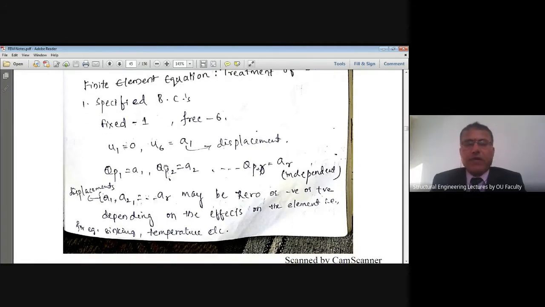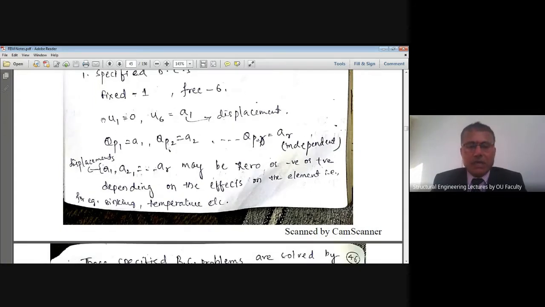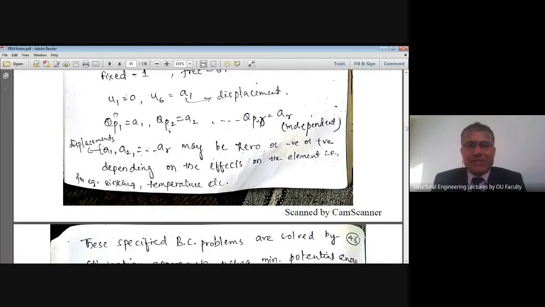Specified boundary conditions may be solved either using the elimination approach or using the multi-constraint approach. Now we'll first see specified boundary conditions using the elimination approach. Here, specified boundary condition means that at the boundary, the displacements are specified.